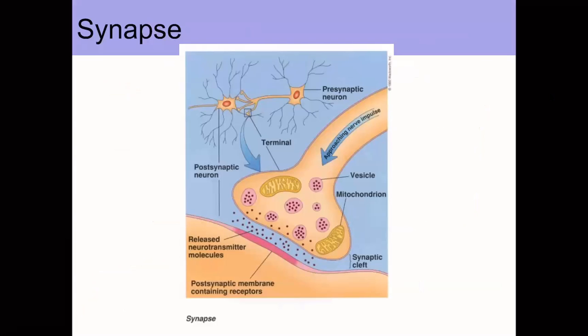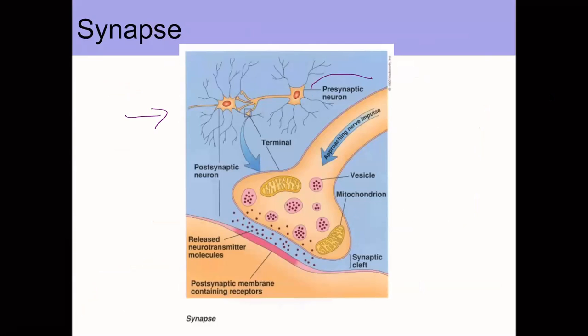Okay, so now a synapse. A synapse is where two neurons, or a neuron and a muscle, or a neuron and a gland come together. So in this picture up here, there are two neurons together.